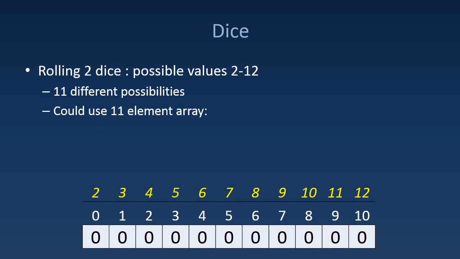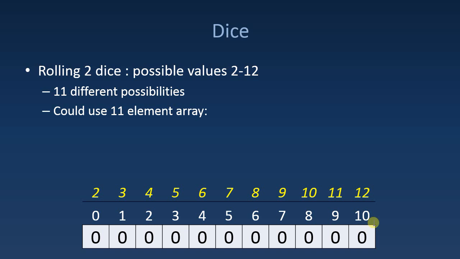But we can see the advantage of this approach with a problem like rolling 2 dice. When I roll 2 dice, I can get a number between 2 and 12 if I add the 2 dice together. So 11 possibilities. So I could store that in either 11 different variables or an array with 11 slots. Now, if I do it just like this, so if my array goes from 0 to 10, I'm always going to have to do math.